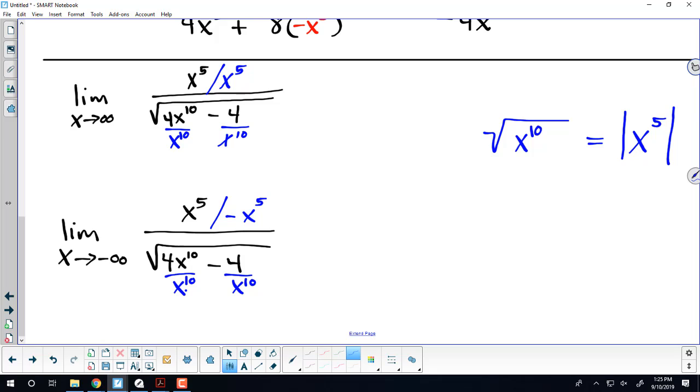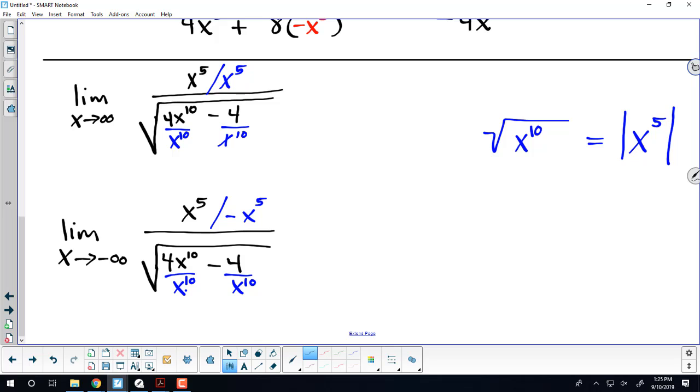If you have the even root of x to a power coming out as x to an odd power. I don't know if that's helpful, but I know sometimes we want to look for shortcuts or easier ways to remember things. So that's about as easy as it gets, I think.